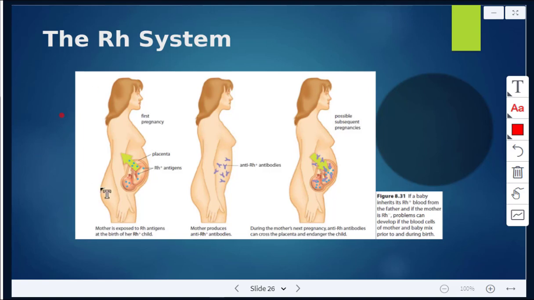All right, so here, in the first pregnancy, the mother is exposed to the Rh antigens at the birth of her Rh positive child, and the mother will produce these anti-Rh positive antibodies. Then in her next pregnancy, these anti-Rh antibodies can now cross the placenta and endanger the child. All right, so therefore, that injection is required.